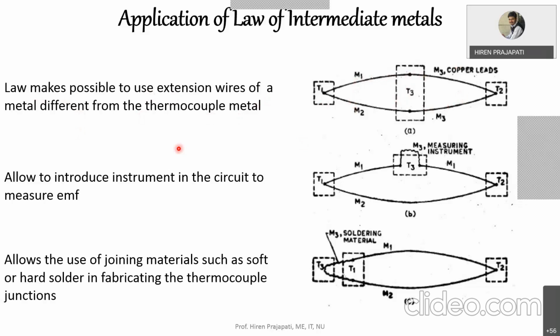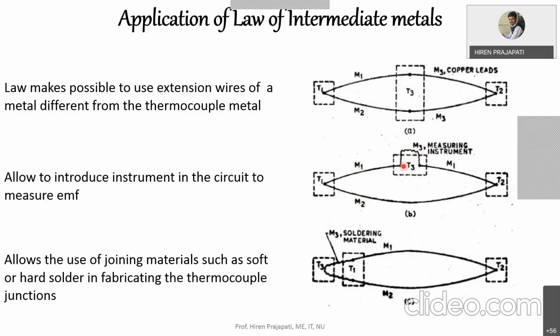Now, the second application of this law allows us to introduce an instrument in the circuit to measure EMF, because temperature is measured in terms of EMF, right? So you need to involve some voltage measurement instrument like a galvanometer or a potentiometer. When you involve a measuring instrument, the circuit material is again copper, which is different from the thermocouple materials M1 and M2.